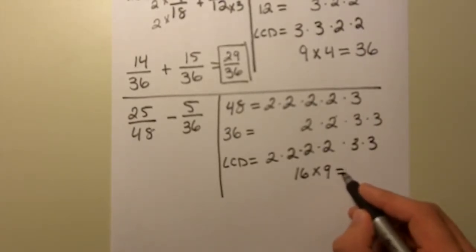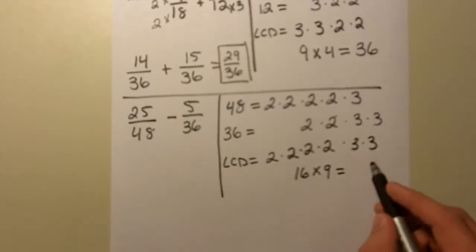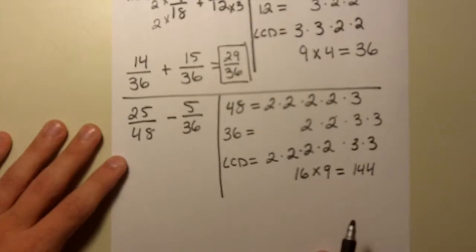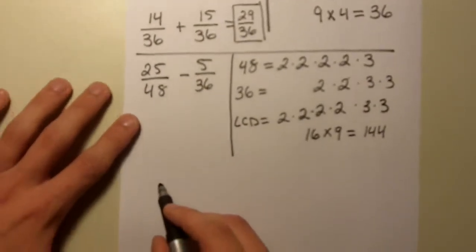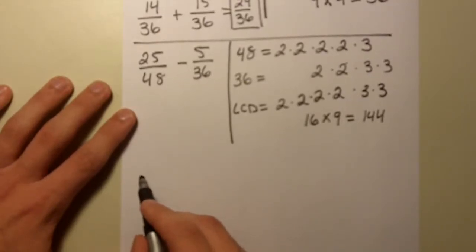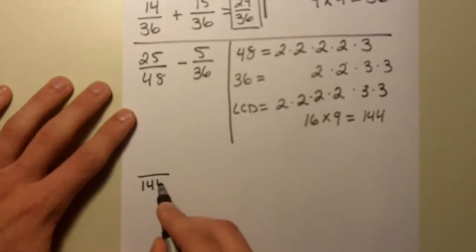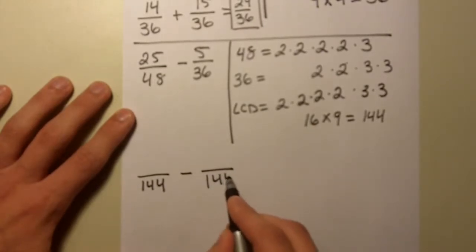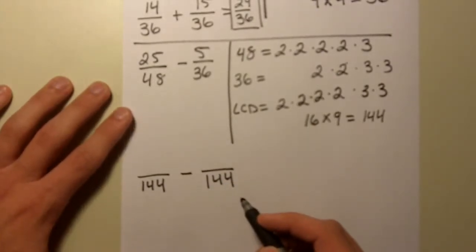And 16 times 9 is equivalent to 144. Okay, so that's going to be our new denominator. So down here, we're going to write 144 in our denominator, minus the same thing, which is 144.